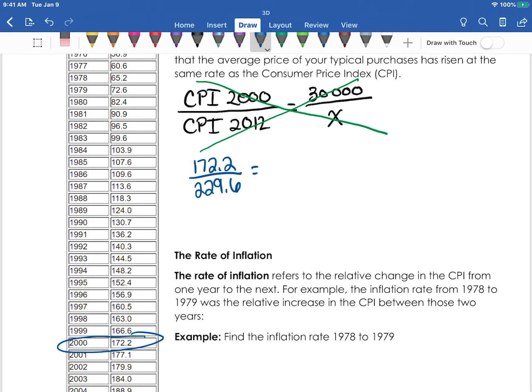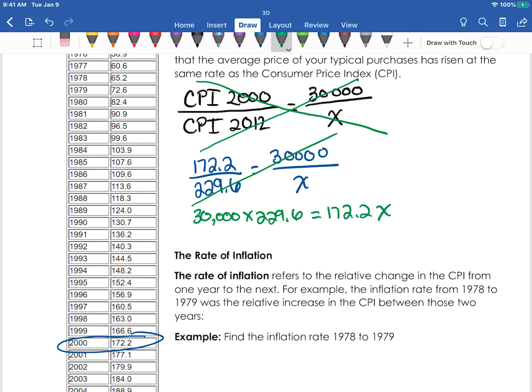Okay, so we found the CPI for 2000 and the CPI for 2012, and that's going to be equal to 30,000 over x. So we're going to cross multiply, and we're going to take 30,000 times 229.6, and that's going to be equal to 172.2 times x.